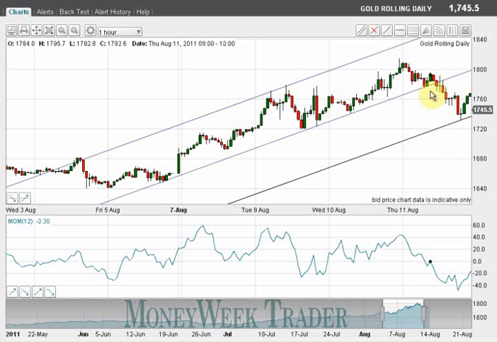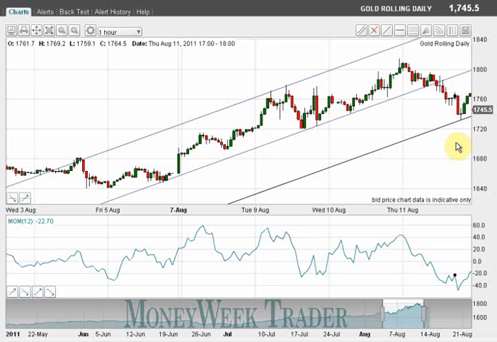So once I suspected there was a break of this line, I could project where the market would bounce from. It's that point there. So using that knowledge, if we could short this market here, we could take profits in this area here. That is very, very useful information.